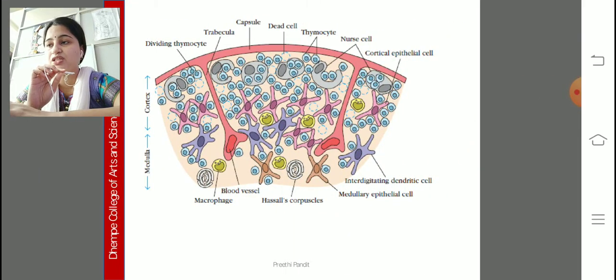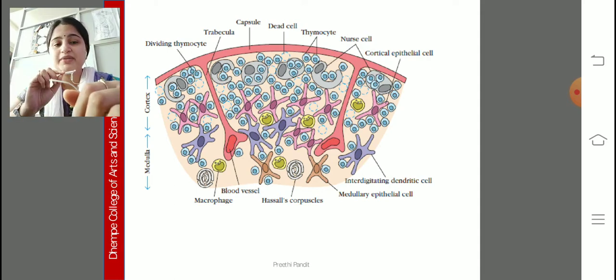This is the cartoon structure of the thymus. You can see the outer and the inner structures that we have just discussed.